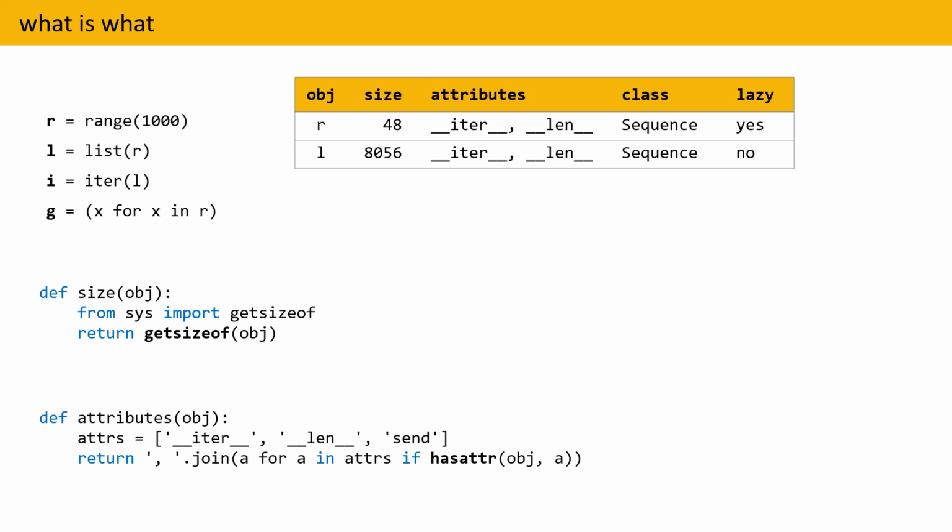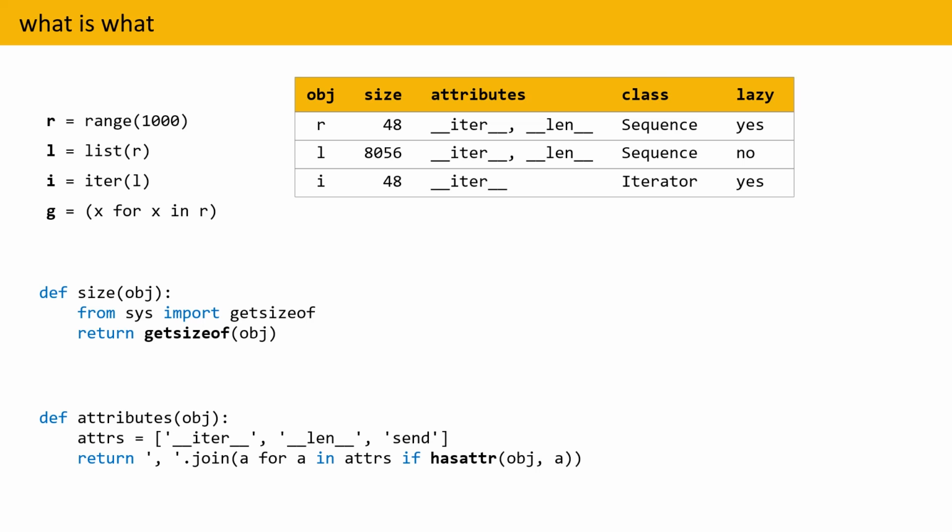For comparison, see the list object. Its size is over 8000 bytes, indicating that the 1000 elements of the list are created when the list is created. So lists are sequences, since they have a len method, but they are not lazy.